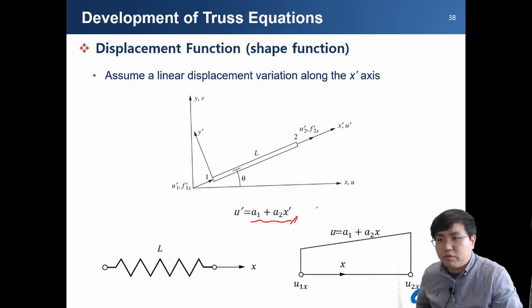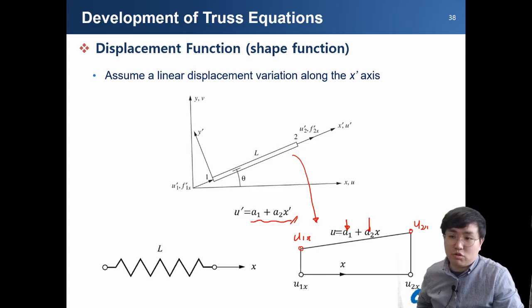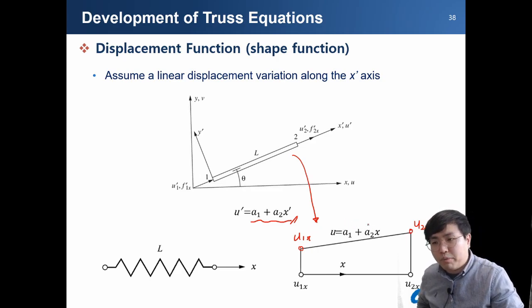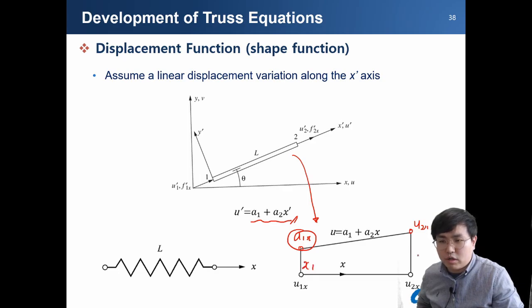Checking in a very simple coordinate system, there will be values u1 and u2 at x, so depending on the displacement values we can define a1 and a2 exactly. We already know that at position x1 the value is u1, and at position x2 the u value is equal to u2.